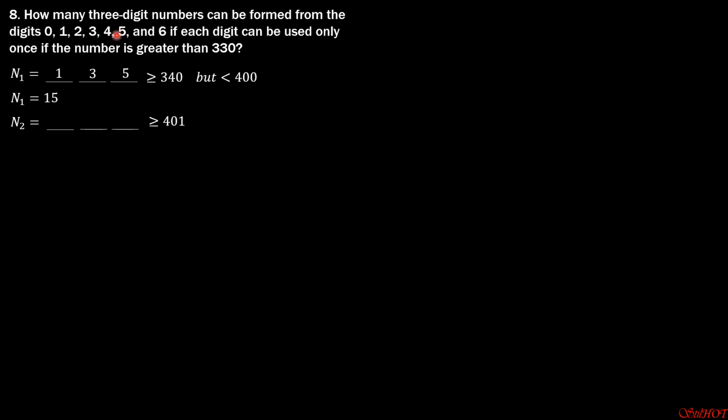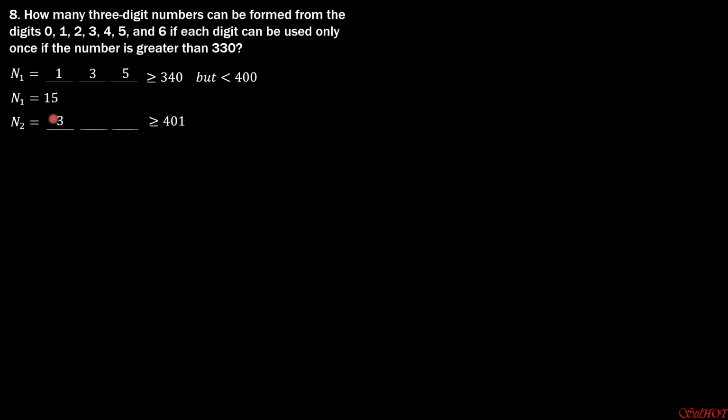There are 3 digits that are equal to or greater than 4: 4, 5, and 6. So there are 3 ways to assign a digit there. If it is 400 plus, no problem because 401 is possible, right? 402 is possible. 403 is possible. 404 is not qualified. So there are 3 ways to assign a digit here. Those are 4, 5, and 6.